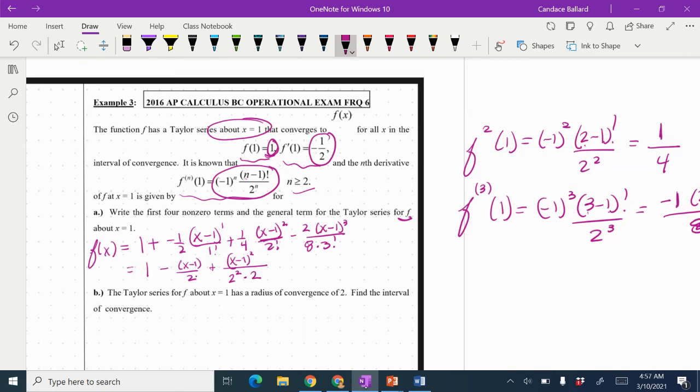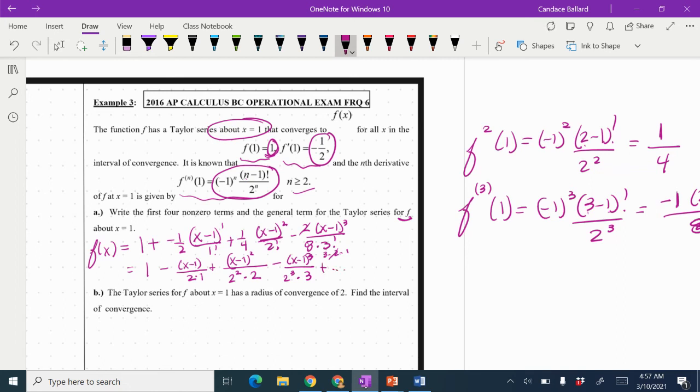This would be really times 1, right? If I expanded the 3 factorial, I would get that. So my 2's could cancel. So I've got minus x minus 1 cubed over, this is the same as saying 2 cubed times 3.